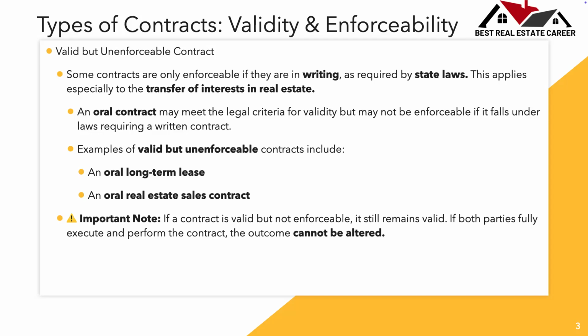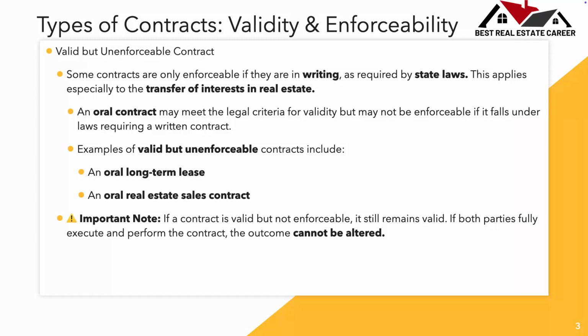All right. When we're talking about the statute of frauds, which we'll discuss in a moment, the statute of frauds says that for a contract to be enforceable, it must be in writing. Now, for contracts that are valid but unenforceable, take an oral long-term lease.